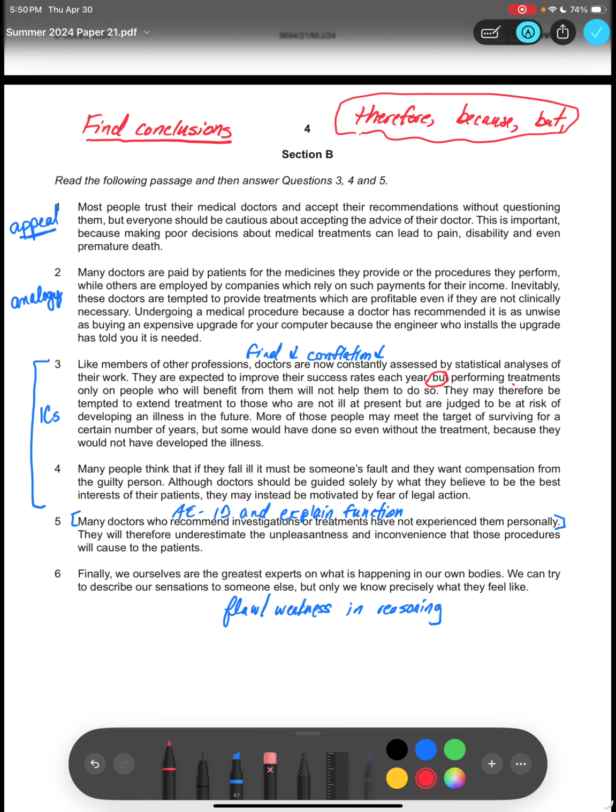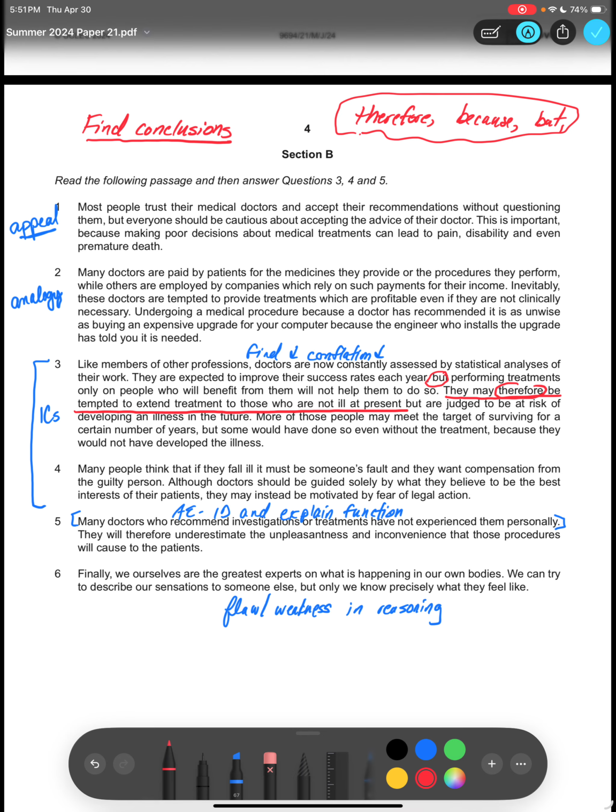They may therefore be tempted to extend treatment to those who are not ill at present, but are judged to be at risk of developing an illness in the future. All right, so when you see the therefore, and I hate how badly I circled that, so I'm going to do a better job of that. We're going to underline this and identify it as a likely conclusion.